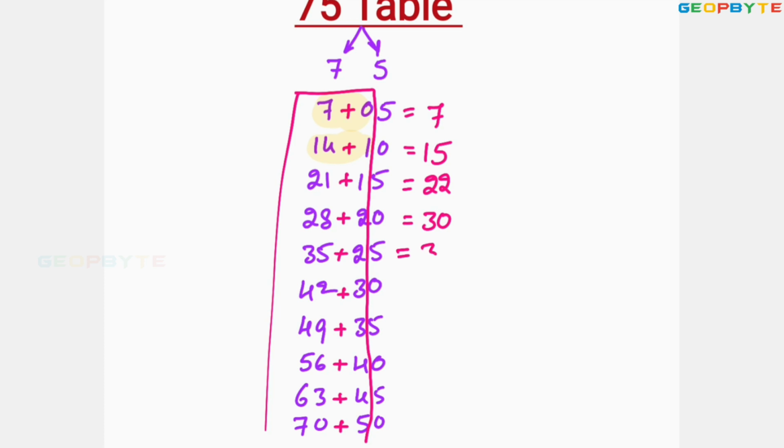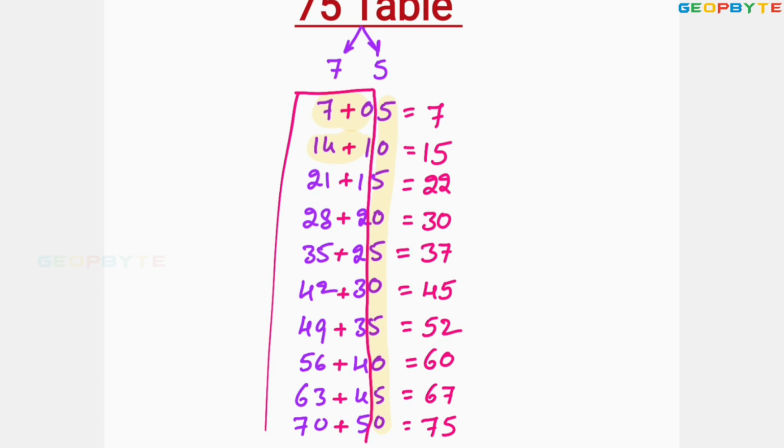35 plus 2, 37. 42 plus 3, 45. 49 plus 3, 52. 56 plus 4, 60. 63 plus 4, 67. 70 plus 5, 75. Then the outside column of the values.